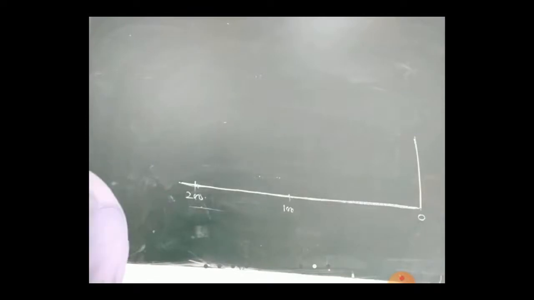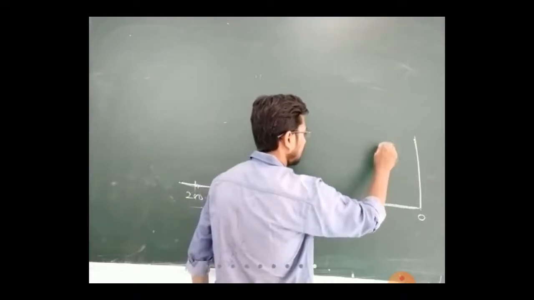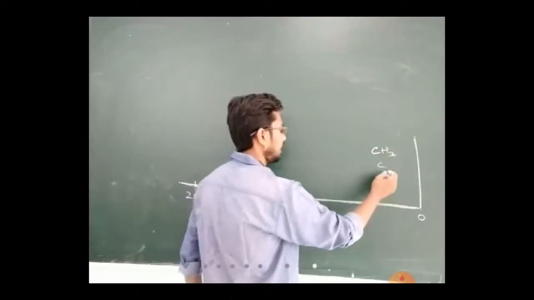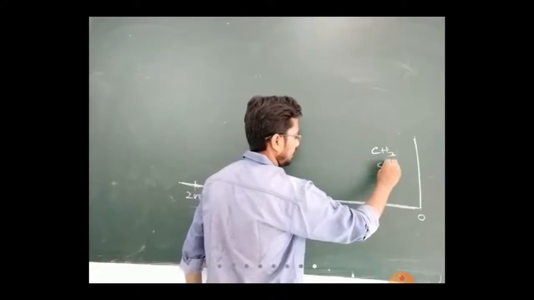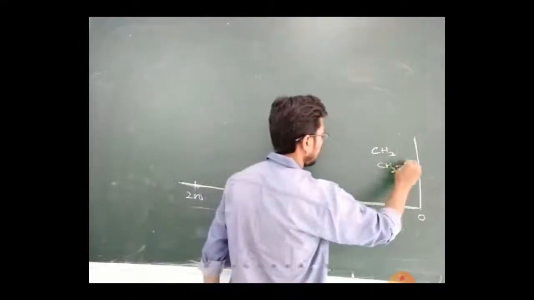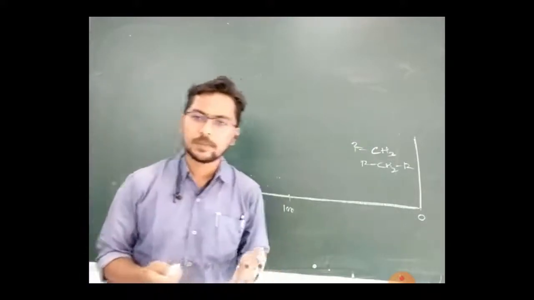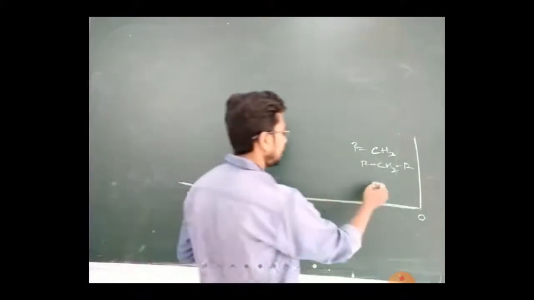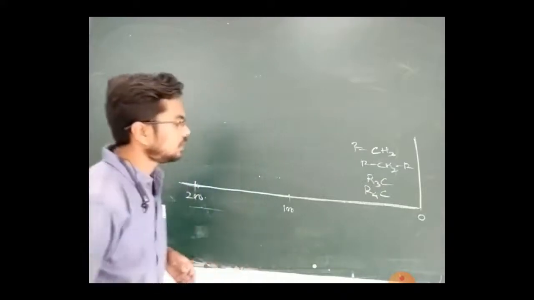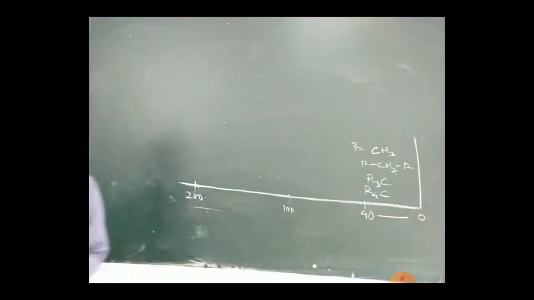From the initial 0, all the alkyl groups like CH3, CH2, C, R, most of the alkyl carbons, the primary, secondary, then the R3C and R4C, appear somewhere from 0 to around 40. This is the range 0 to 40.